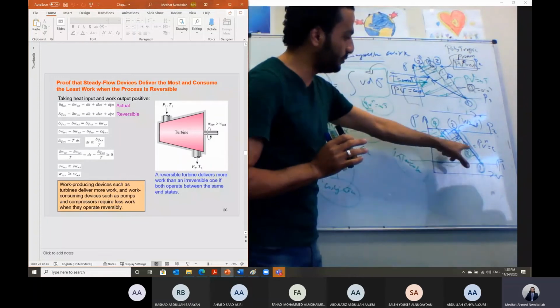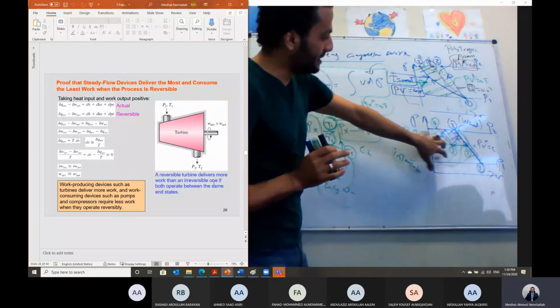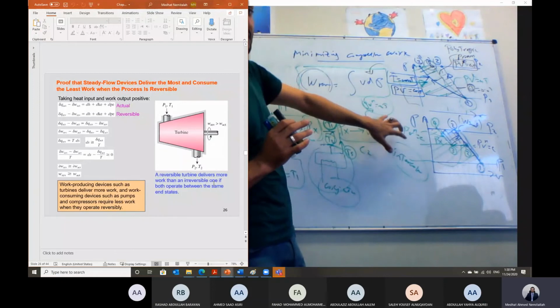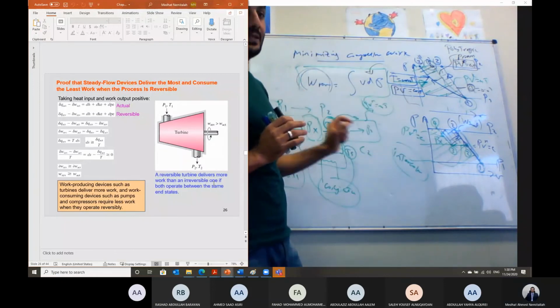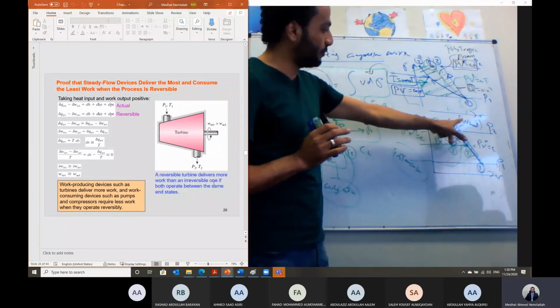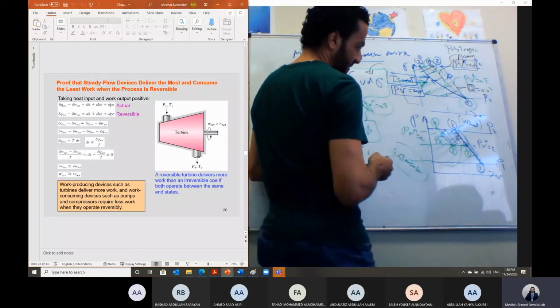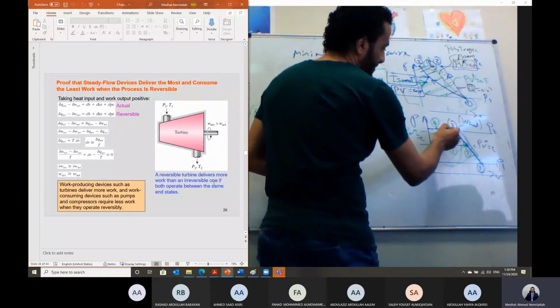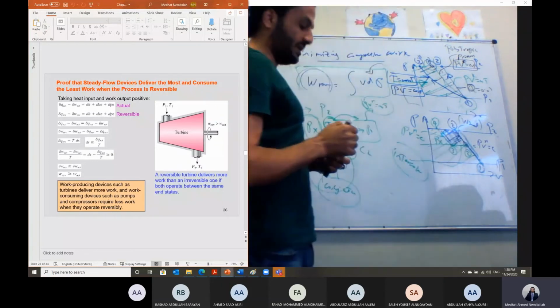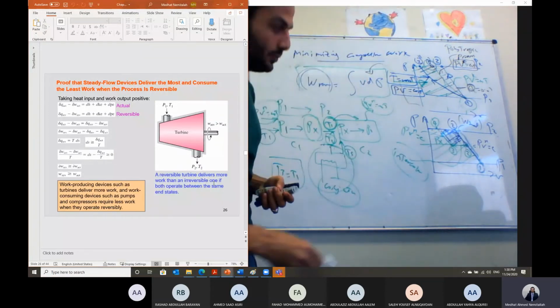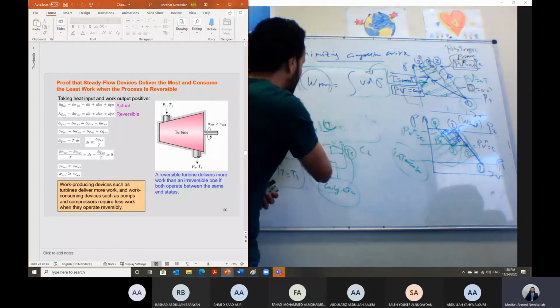So from 1 to 2 to 3 to 4, the work will be represented by the area under this curve. Compared to the case directly from 1 to 2, I have saved this area from the compressor work using multi-stage compression with intercooling. So let's make it a little bit clear.